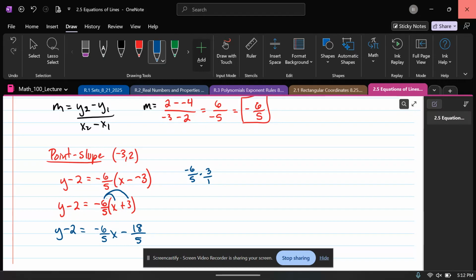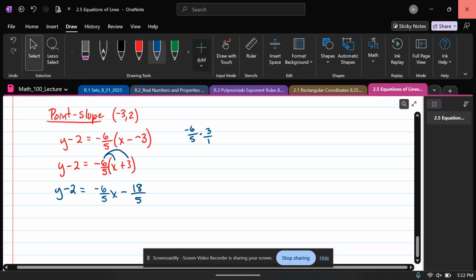I'm almost to slope-intercept form. I am one step away. It took me 1, 2, I will say 3 steps to get there. Now, step 4 gets me in slope-intercept form. I'm going to move this 2. How do I move that 2? Nope, it's already subtracting.